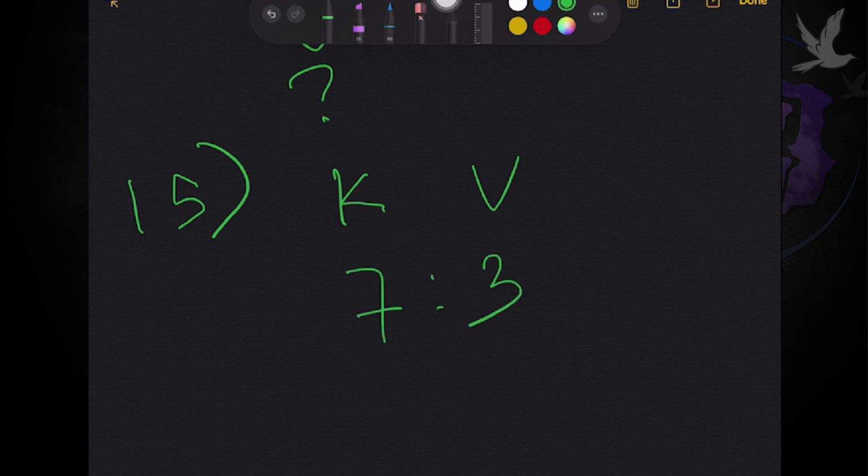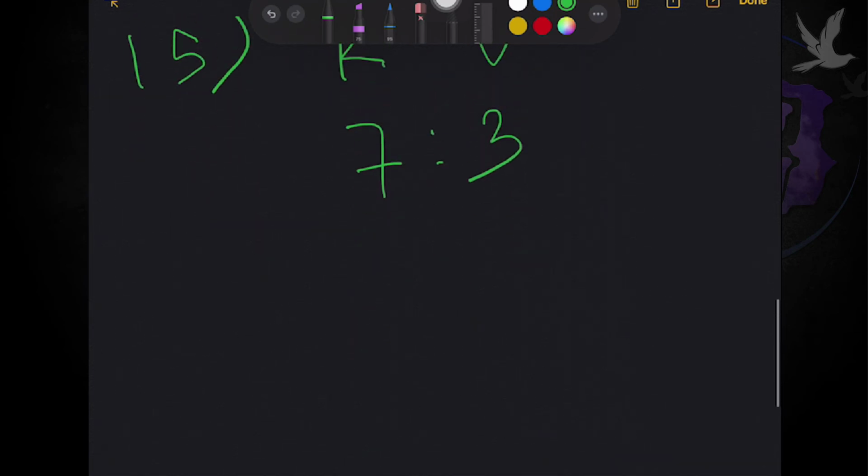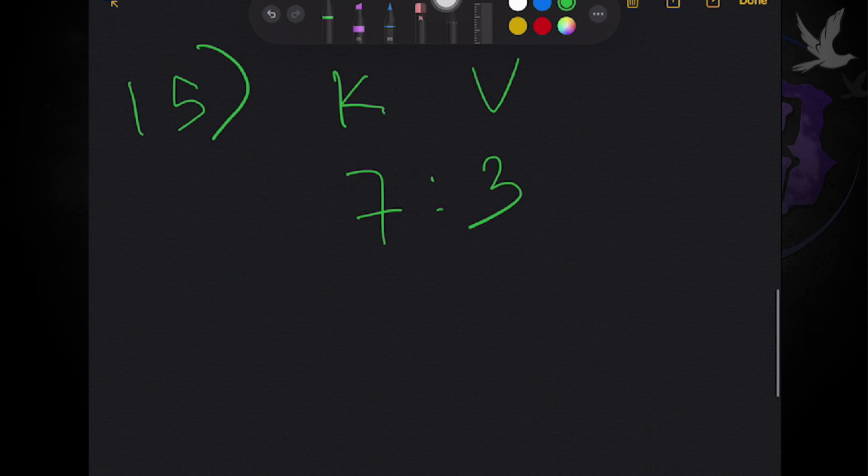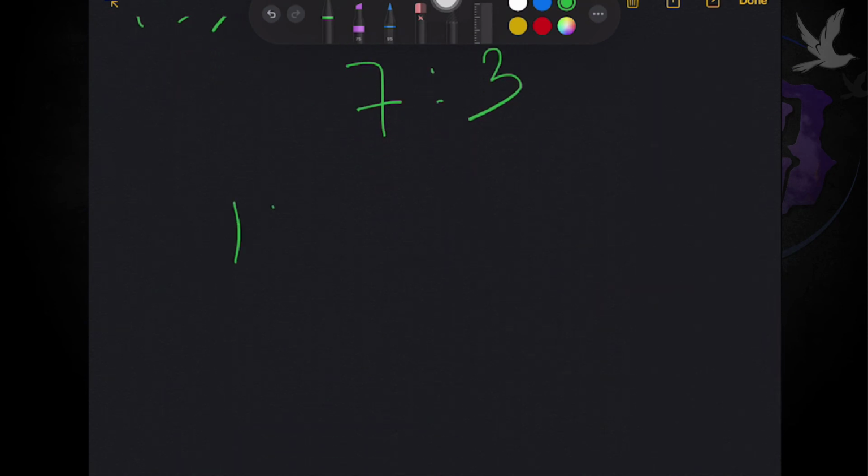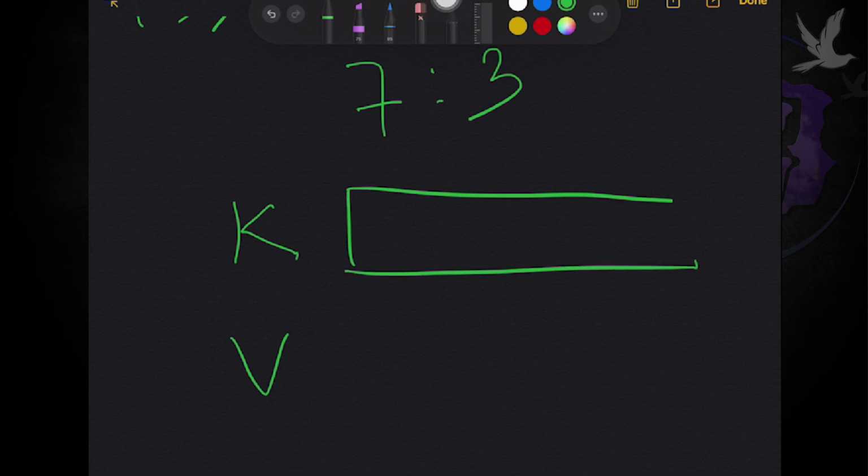After Kelly spent $35, she had $9 more than Vera na lang. Okay, so ang maganda dito is ganito ang gagawin natin. Model na lang yan. Kay Kelly and kay Vera. So we have 7. And para kay Vera is 3.